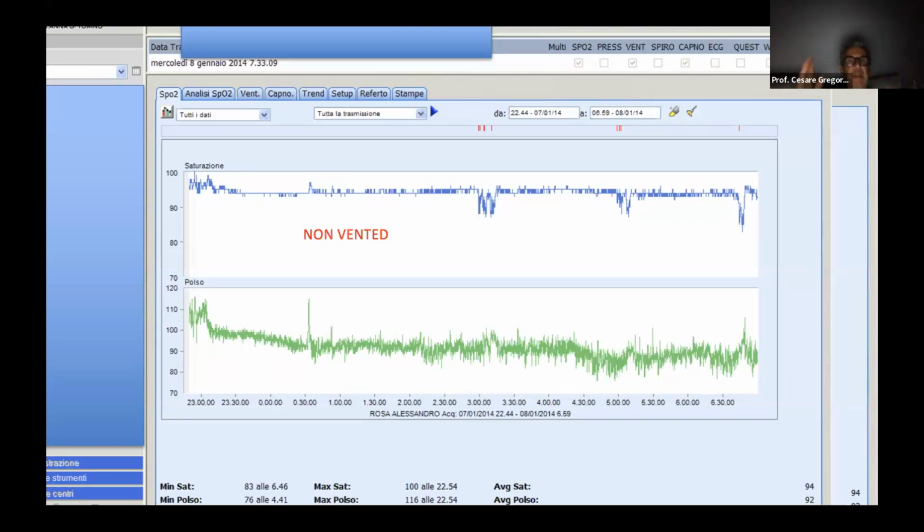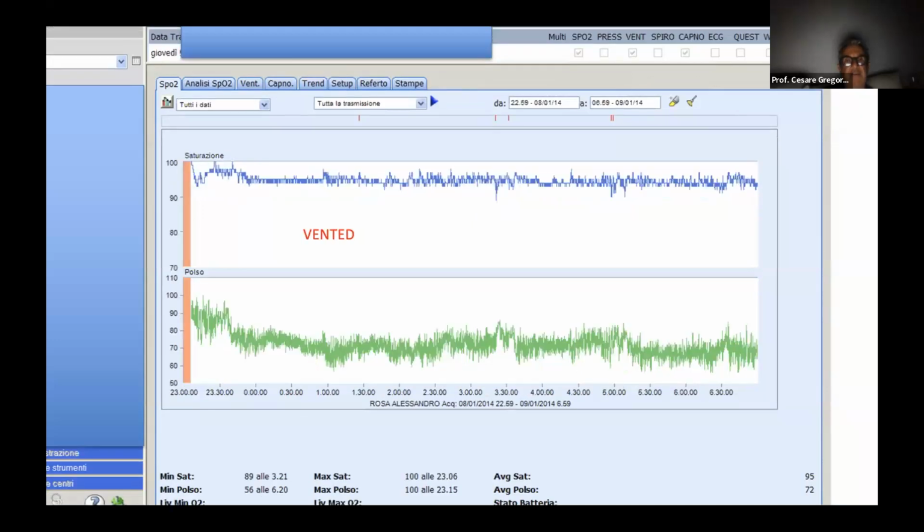This was ventilated in non-vented configuration. We switched the patient, with exactly the same support, from non-vented to vented the night after. So the leaks were completely compensated in the vented one.